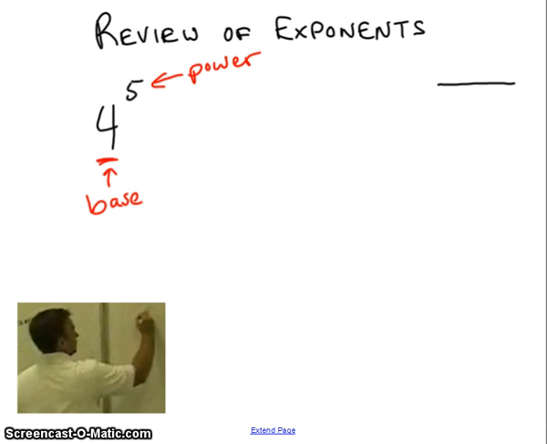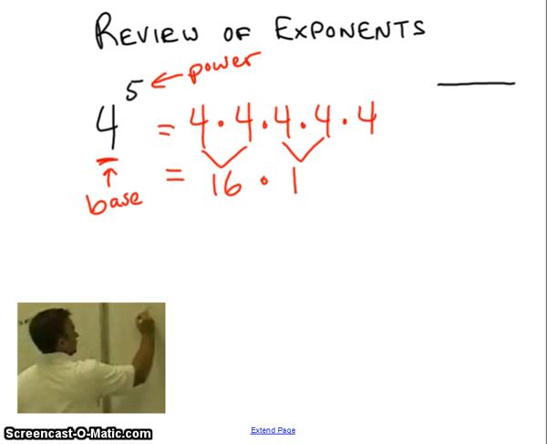So here's your power, 5, and what this means is we're not going to do 4 times 5. We're going to do 4, 5 times: 4 times 4 times 4 times 4 times 4. Obviously this equals a large number. If we were going to solve this, we could do 4 times 4, which is 16, and this is 16, and then we have this extra 4 here.